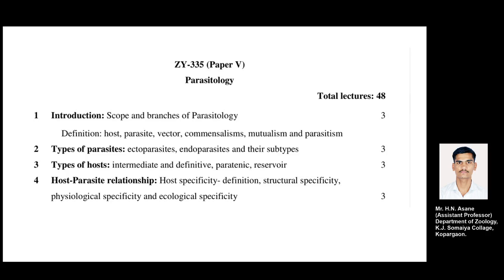The fourth main branch of parasitology is forensic entomology, which studies insects and other arthropods found on human bodies and suspected of criminal action.